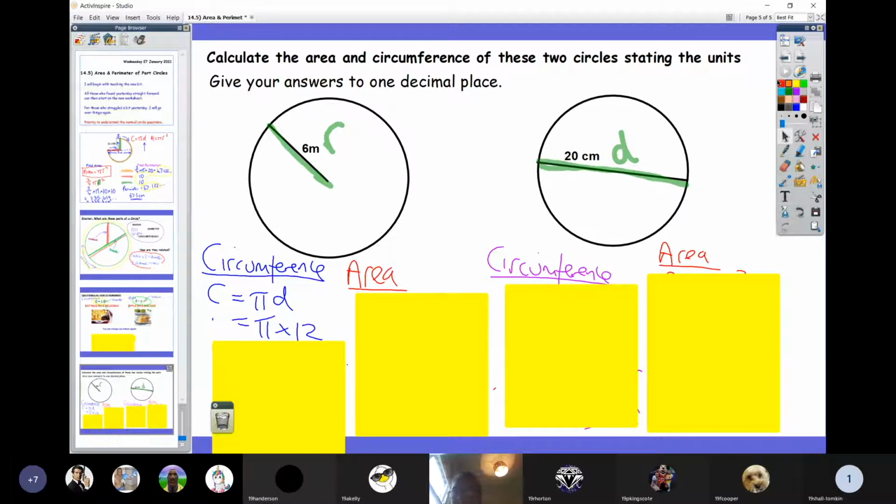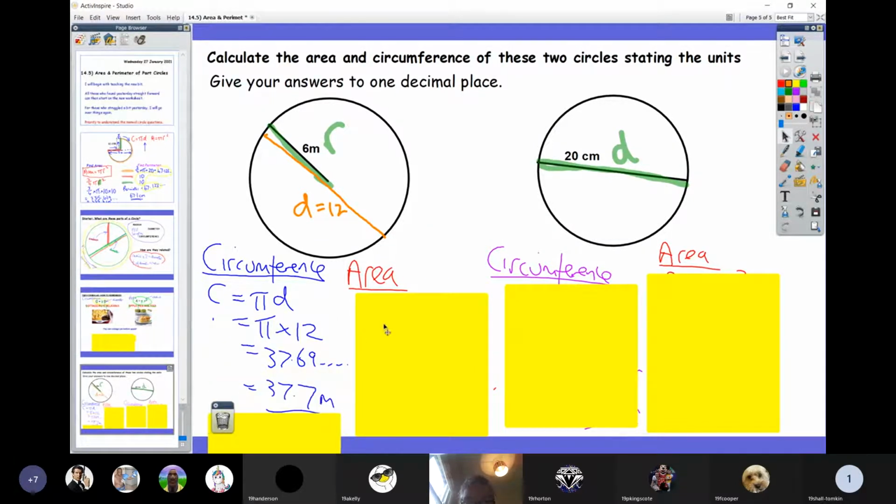It's the length all the way across. Okay, so pi times 12, pop that into your calculator, press the SD button, you get 37.69, rounded 37.7.